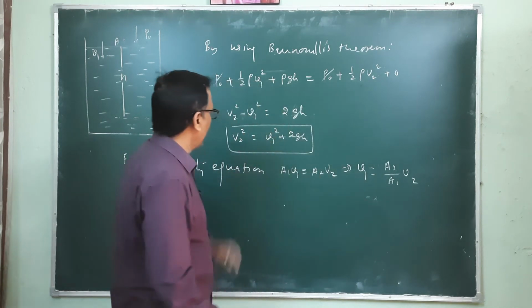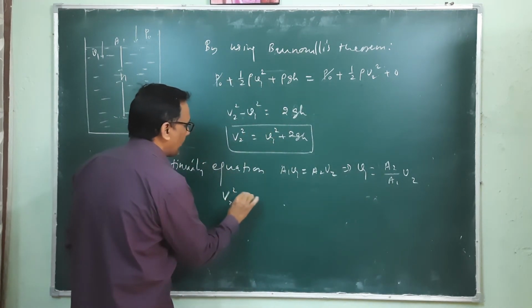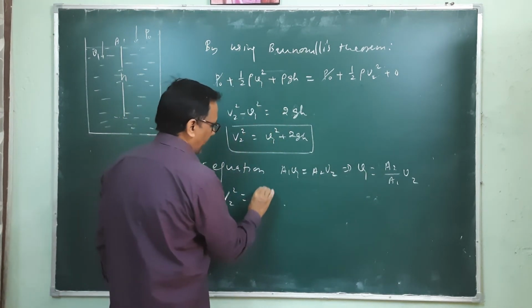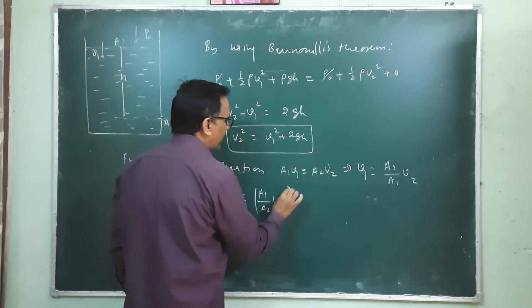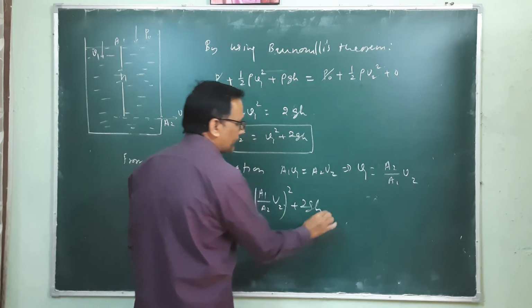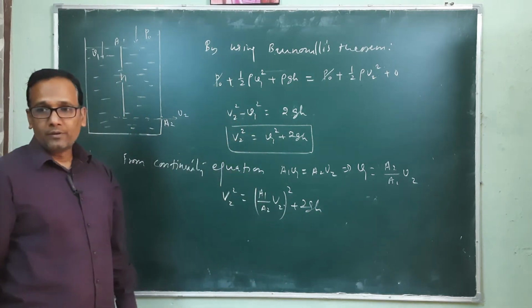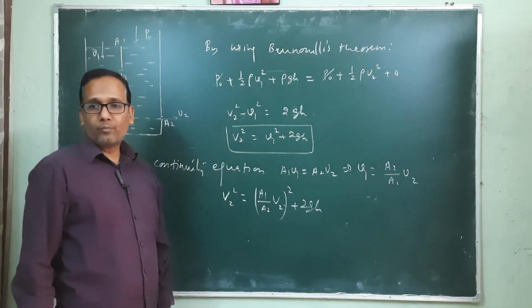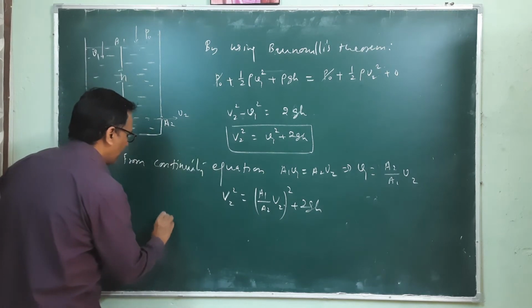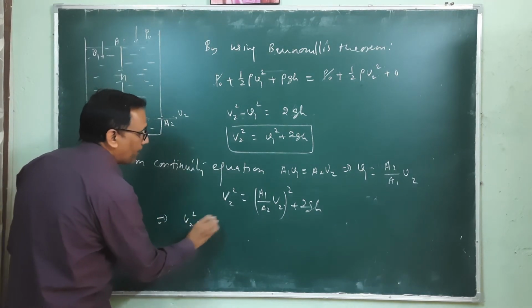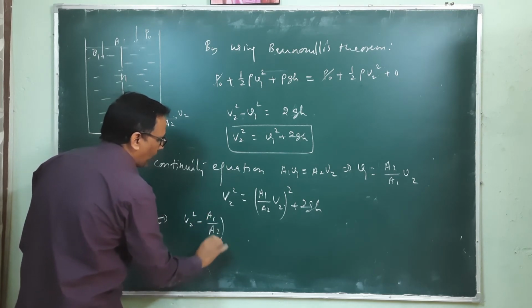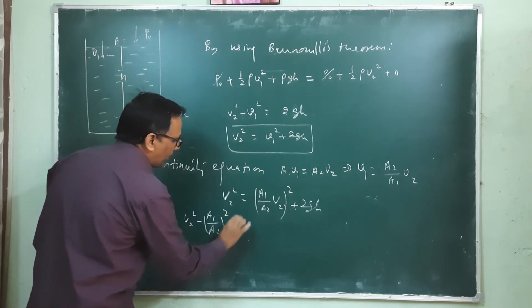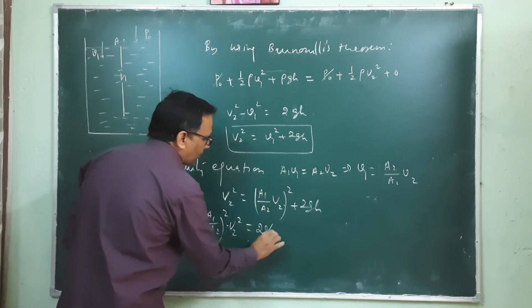We can put the value here, so V2 square is equal to A1 by A2 V2 square plus 2GH. Now we can calculate it for V2, so V2 square minus A1 by A2 square V2 square is equal to 2GH.